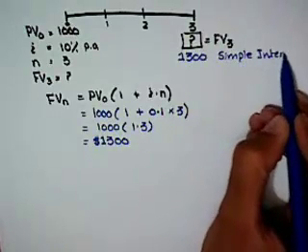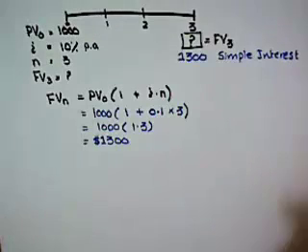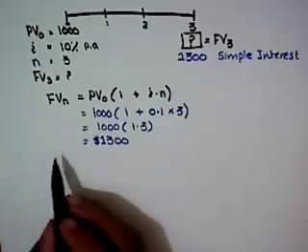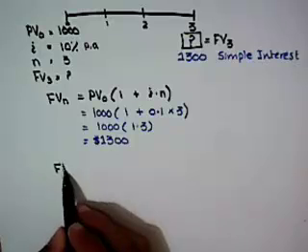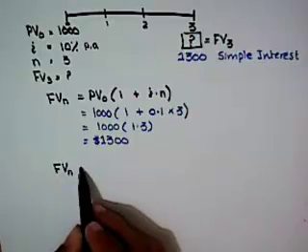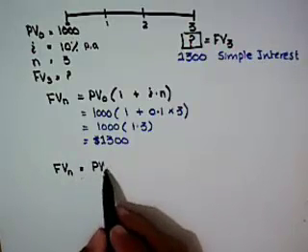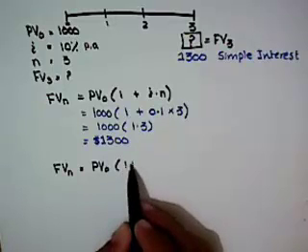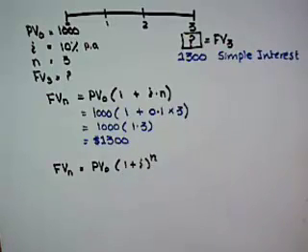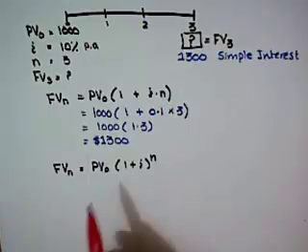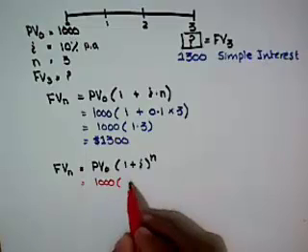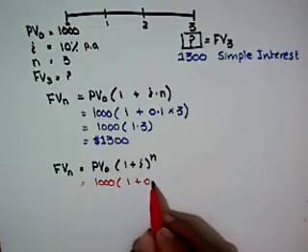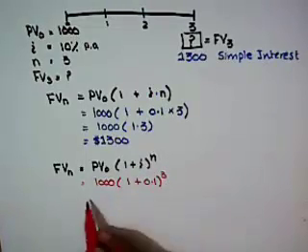But if we want to calculate this future value according to the compound interest, the formula would be future value at the end of nth year equals the present value at time 0 multiplied by 1 plus interest raised to the power n. So now putting the values into the equation, present value is 1000, 1 plus interest is 1.1, and raised to the power 3.